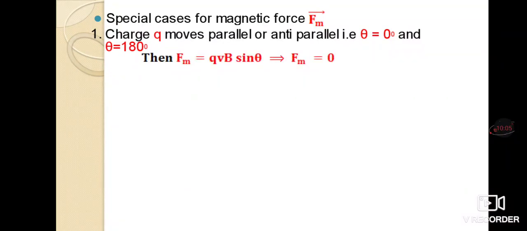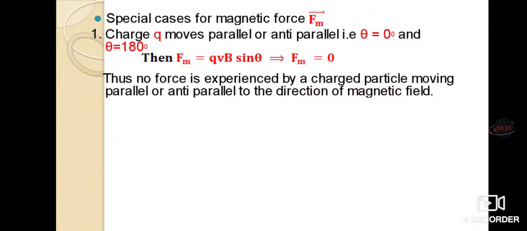Then Fm is equal to qvB sin theta, where theta is replaced by 0 or 180, and we get Fm equal to 0, because sin 0 is 0 and sin 180 is also 0. Thus, there will be no force experienced by a charged particle moving parallel or anti-parallel to the direction of the magnetic field.